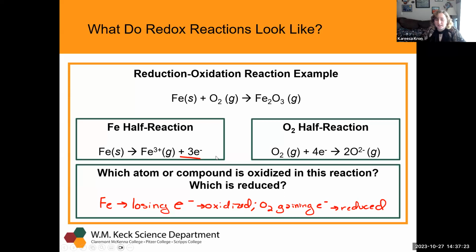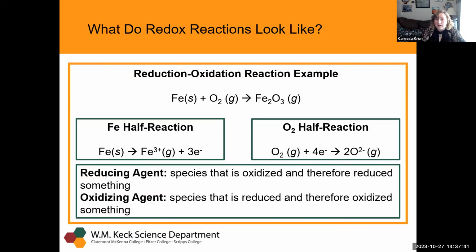And so if something starts out as neutral and becomes positive, it's been oxidized. If something starts out as neutral and becomes negative, it's been reduced. So this is some of the language that we'll practice using.